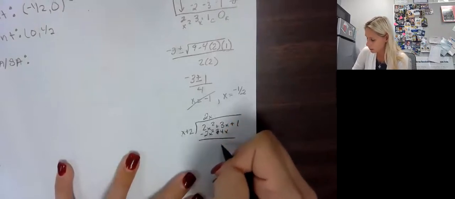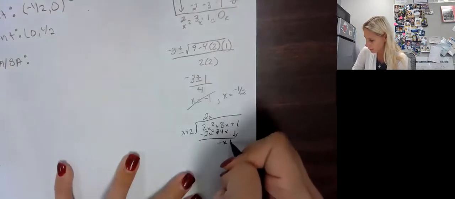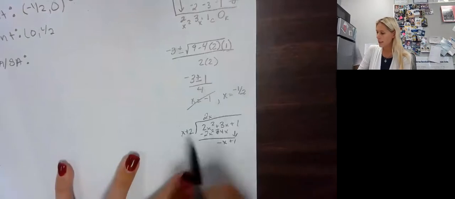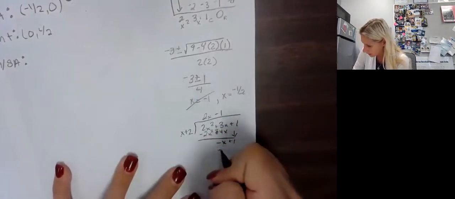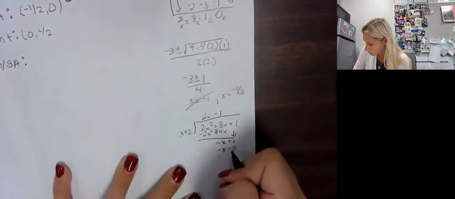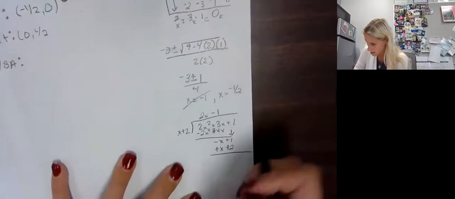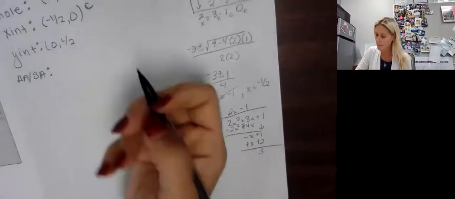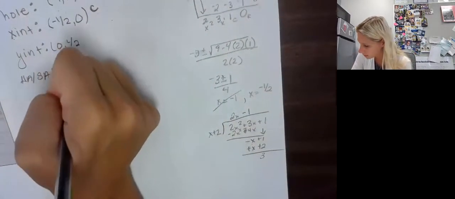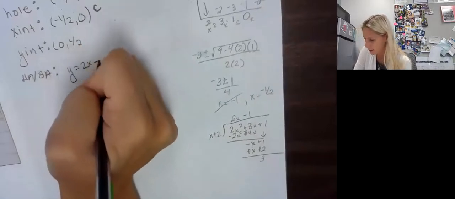So that would be a negative x, bring down positive 1. What do you multiply x by to get negative x? You multiply by negative 1, negative x, negative 2. Add the opposite. We get 3. Okay, so we're done there. That means we have a slanted asymptote at y equals 2x minus 1.